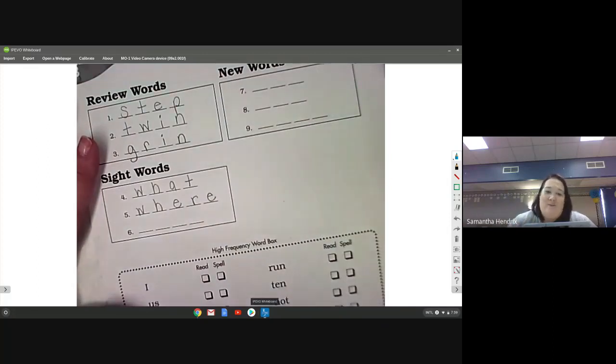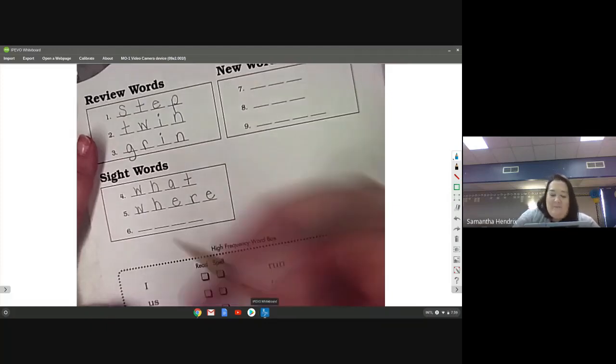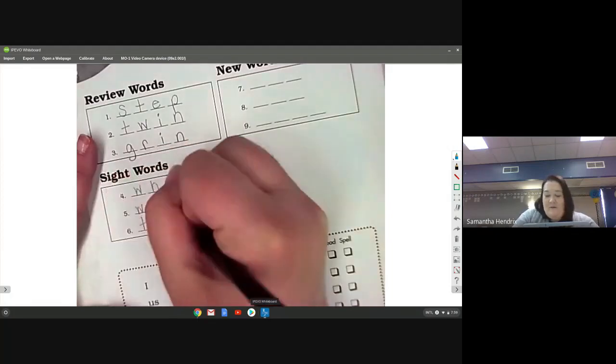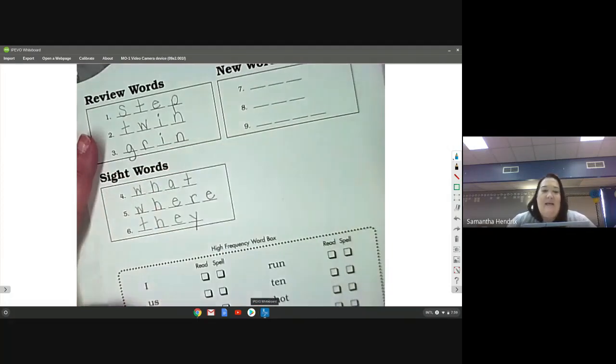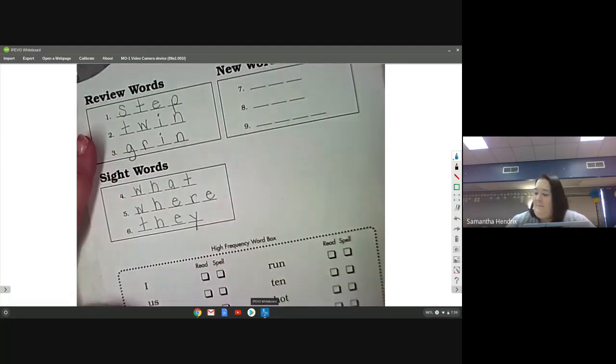We just have to know them because they don't follow our spelling rules, okay? 6 is they. They. They has a blend at the beginning. Make sure that Y swings down, okay? Good job.